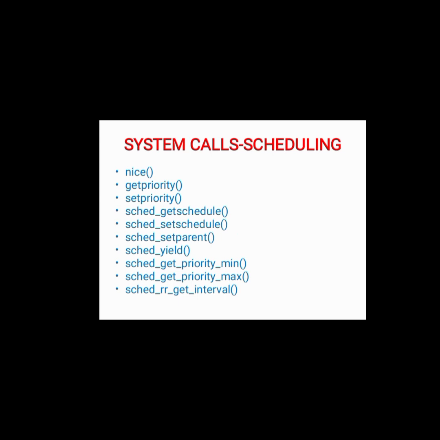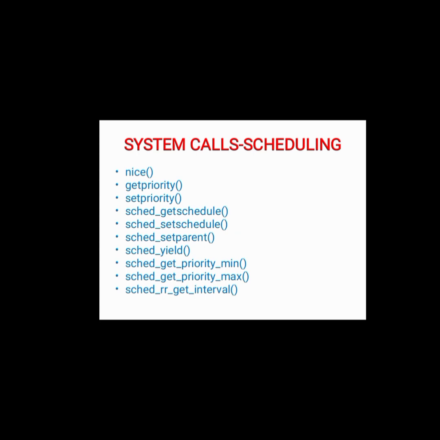Set priority is used to set the priority of a group of conventional processes. Next one, sched_get_scheduler. It is used to get the scheduling policy of a process. Next one, sched_set_scheduler. It is used to set the scheduling policy of a process.